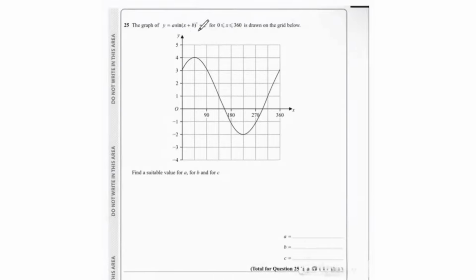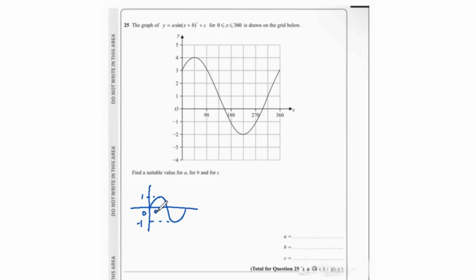Since the graph of y equals a sine of x plus b plus c, for x less than or equal to 360 and greater than or equal to 0, is drawn on the grid, find a suitable value for a, b, and c. So very similar to what you've done in the previous questions. We start with the original function. This is your sine function. Maximum value at 1, minimum value at -1.